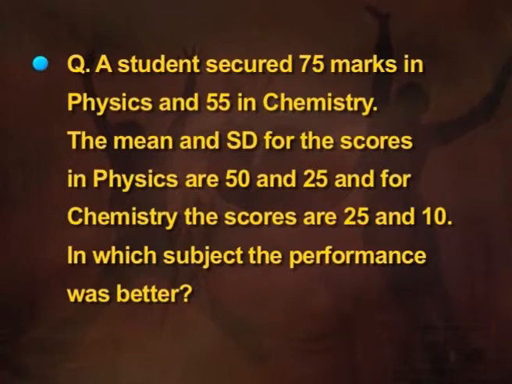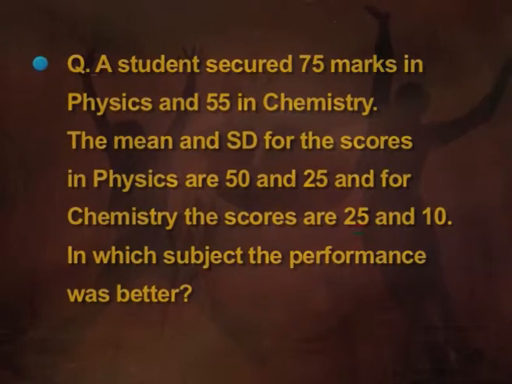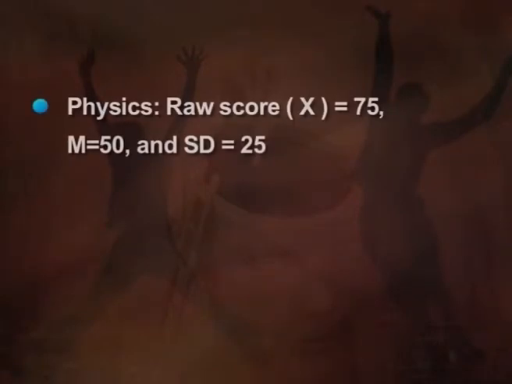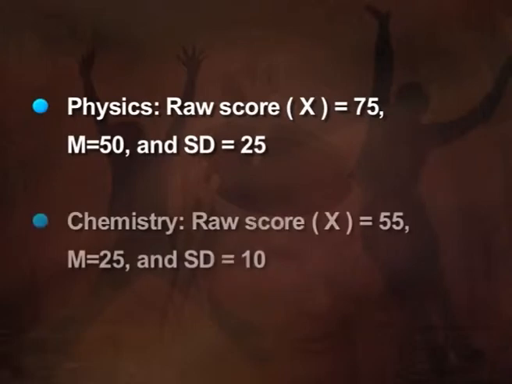In which subject the performance was better, we have to determine. Now, we put the information into the formula. For physics, raw score, that is x, is 75, mean is 50 and SD is 25. Chemistry, raw score, that is x, is 55, mean is 25 and standard deviation is 10. We have derived it from the question itself.